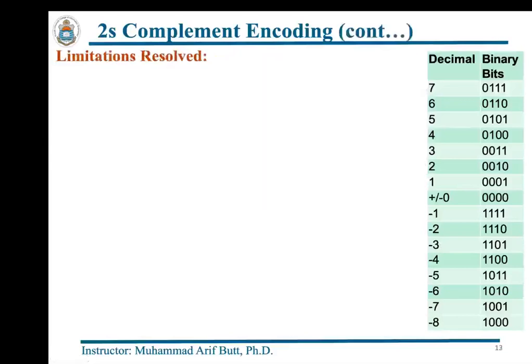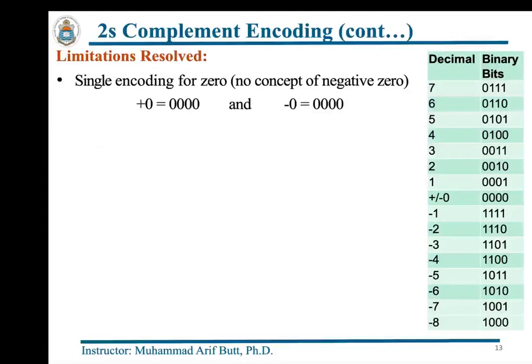Okay. So all these limitations which we have talked about in the previous slides are resolved in two's complement. First of all, there is a single encoding for zero. There is no concept of negative zero in two's complement. So whether it is a plus zero or a minus zero, you take its two's complement, it is all zeros, and the positive zero is also represented the same way.